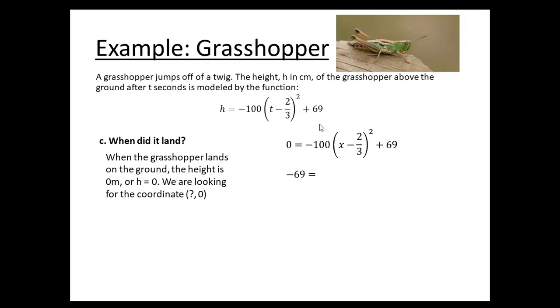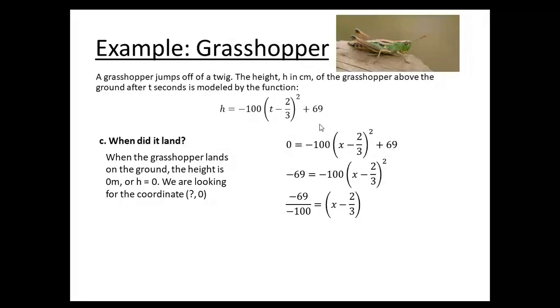Let's rearrange. −69 = −100(x − 2/3)². Let's simplify it by dividing. −69 divided by −100 equals (x − 2/3)². Let's continue by taking the square root.